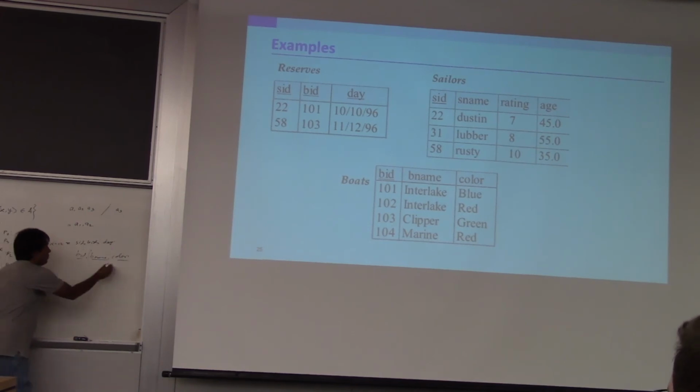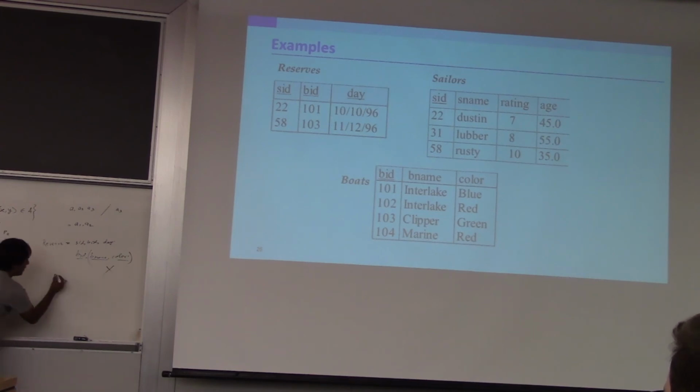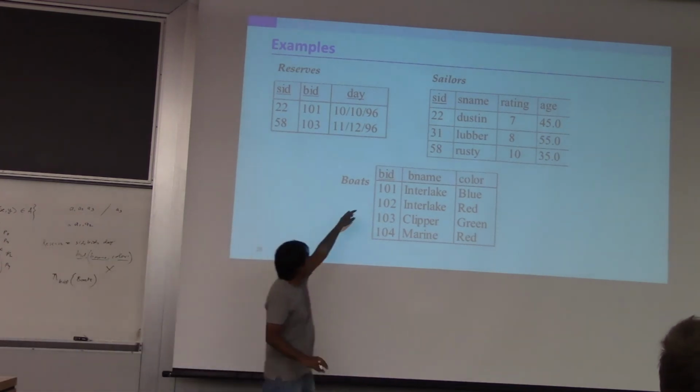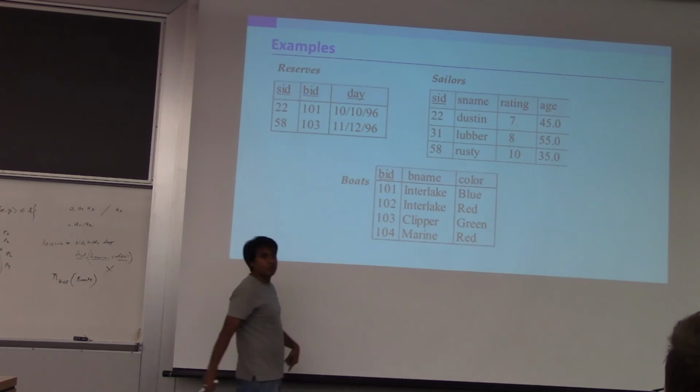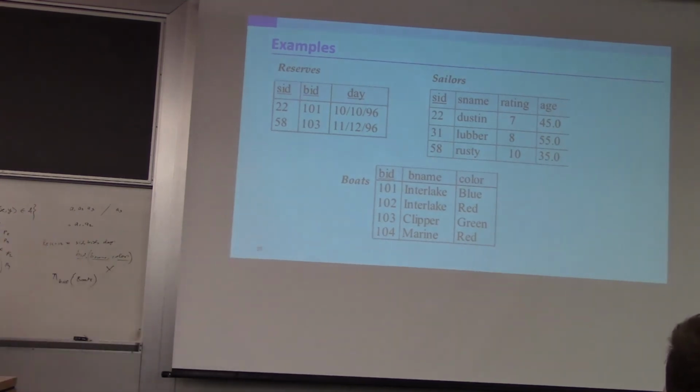So at first you need to cancel out these two. You need to project only the BIDs from both. Then you get 102, 101, 102, 103, 104, right?